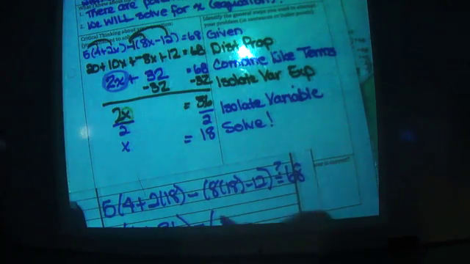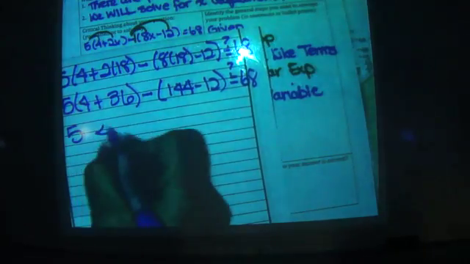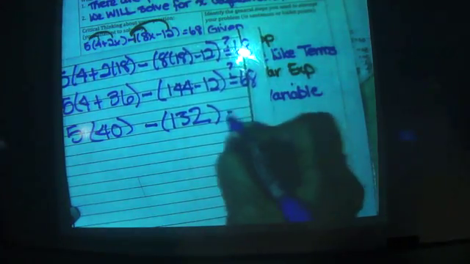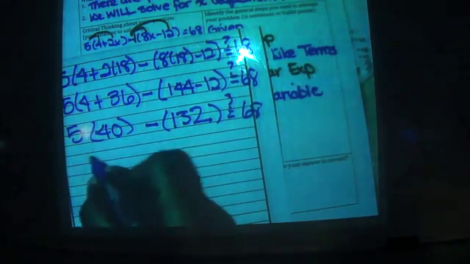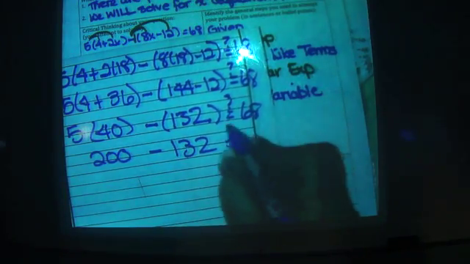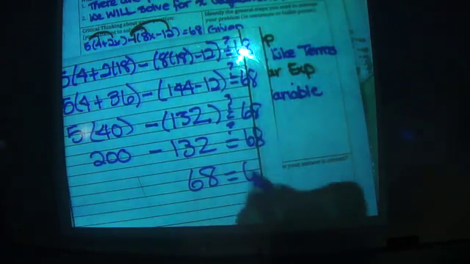Minus 144 minus 12. Is that equal to 68? 5 times 40 minus 132, is that equal to 68? 5 times 40, 200 minus 132, does that equal 68? Oh, right. 68 equals 68, we checked it.